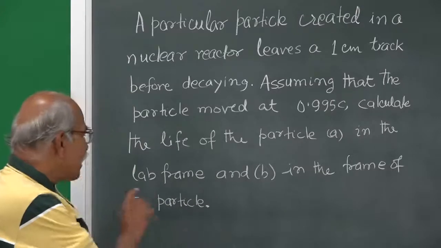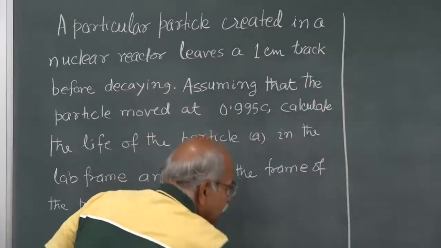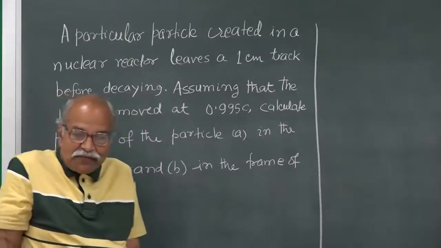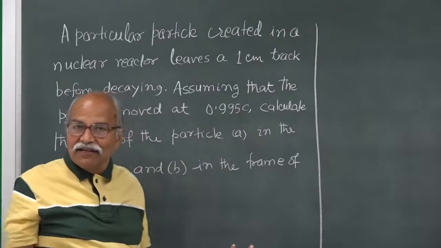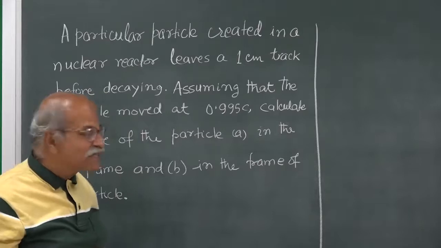So, in the lab frame things are just simple, no relativity needed. If I am in one frame only, then things are just your class 9, 10th, 8th arithmetic and physics.